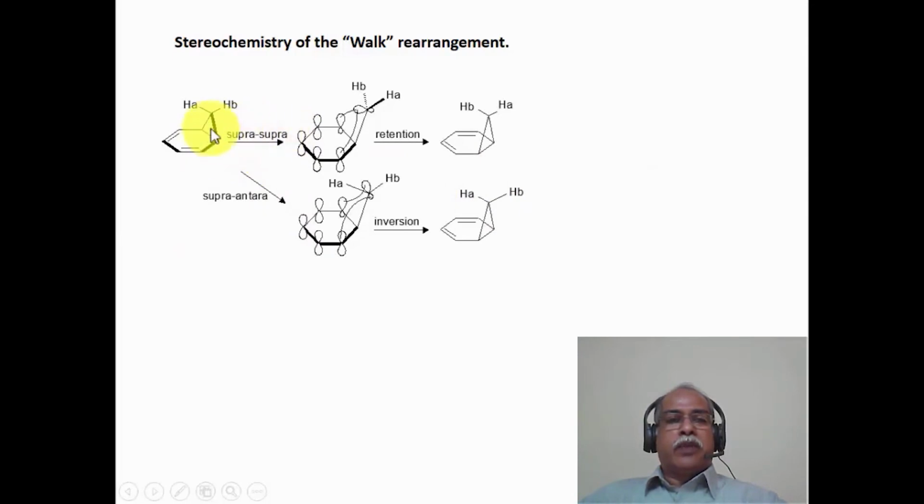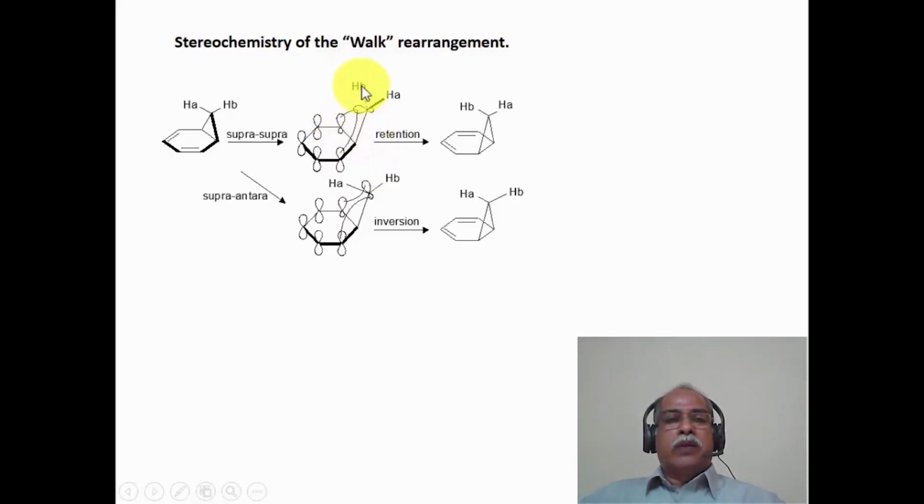Consider a suprafacial migration of this particular carbon. Hydrogen A is endo, hydrogen B is exo with respect to the pi framework in this case. If there is a suprafacial migration that is taking place, that means this carbon-carbon bond has to break, and once the bond is broken, this is a lobe that is going to interact with both the carbons in a simultaneous manner because it is a concerted process.